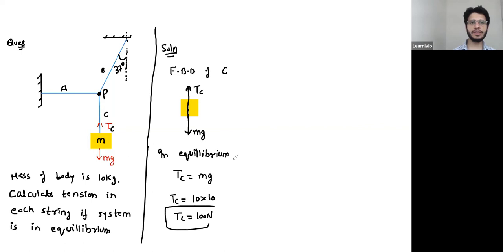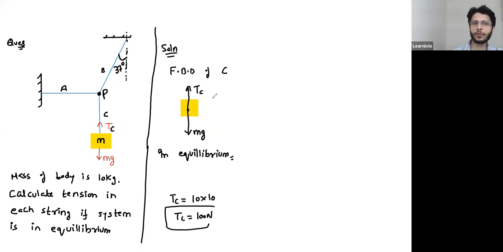If a body is in equilibrium, that means net force acting on the body is zero. I'm just increasing the number of steps for the sake of clarity. Two forces are acting on the body in opposite directions. Forces are vectors, so to add forces one should use the parallelogram law of vector addition. But here, since both forces are acting in opposite directions, instead of adding them you can subtract them.